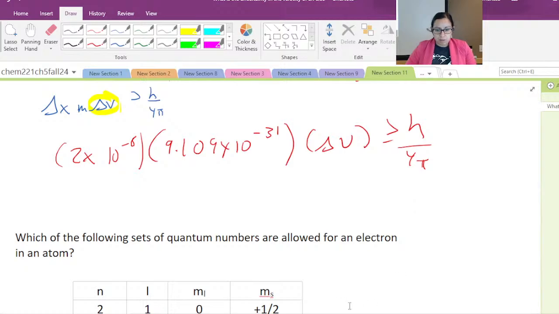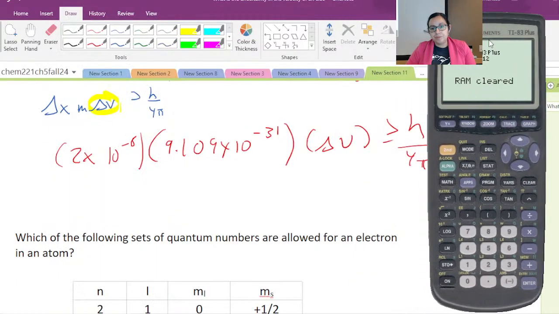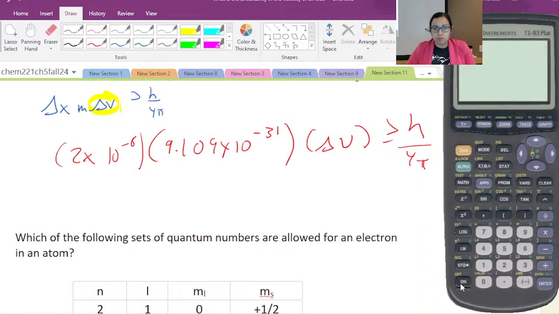All right, so now algebra. So I'm just plugging in this first. And then don't forget to put parentheses around your 4 pi, also order of operations.